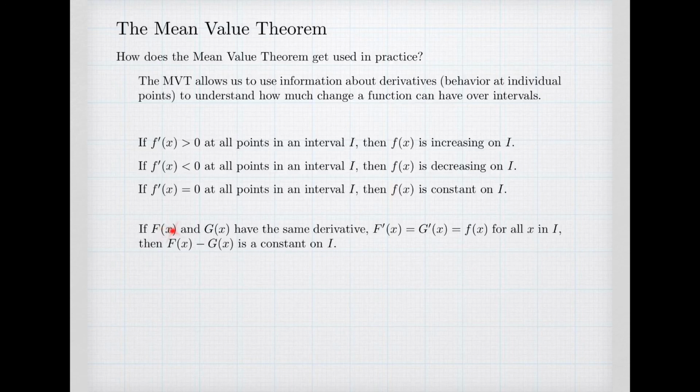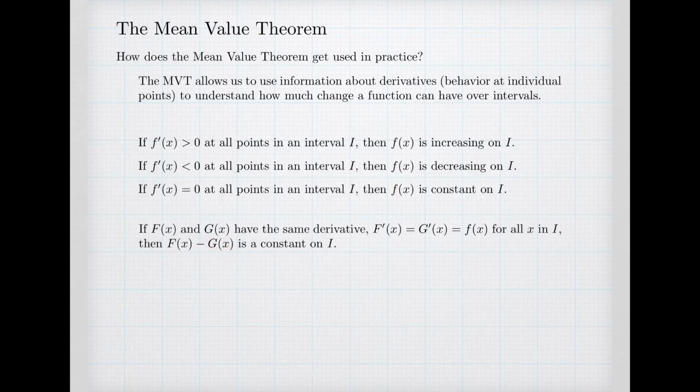If I have two different functions, big F and big G, that have the same derivative, so big F prime and big G prime both equal the same function for every x in an interval, and it's important that this is an interval, we don't just jump over a discontinuity or something, the mean value theorem guarantees that the difference between the functions is constant.